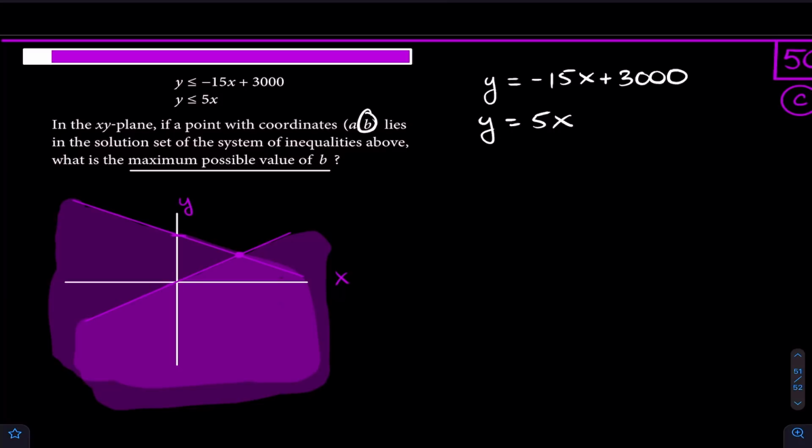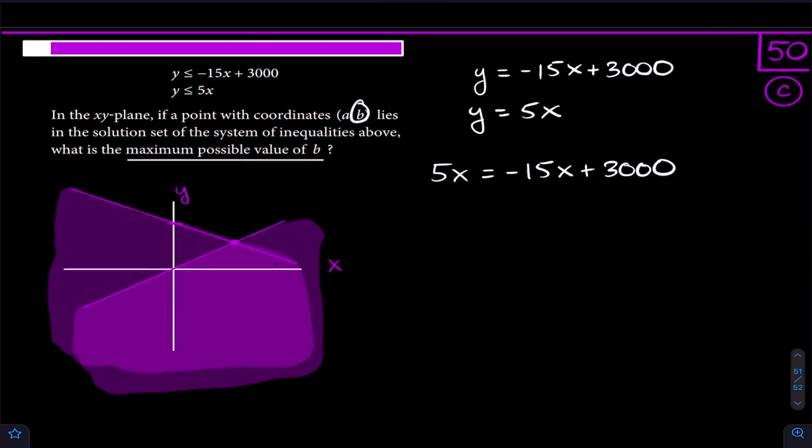So if we want to find that maximum y value, let's find where these lines intersect. Let's find exactly where this point is, and then just find what the y value, the y coordinate, is of that point. So we can do that because both of these guys are equal to y, so they're equal to each other. We set them equal. And now let's solve for x.